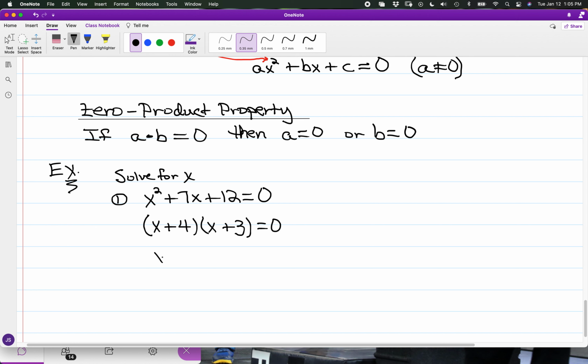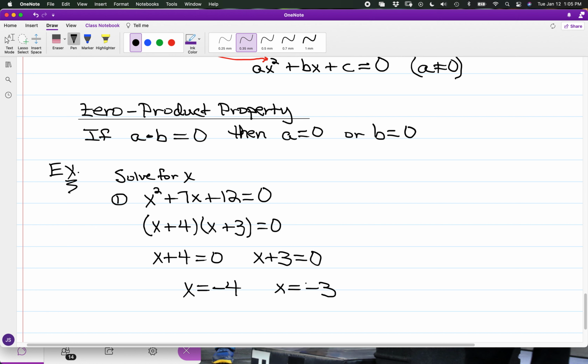So x plus 4 is equal to 0 is one possibility, and the other possibility stems from x plus 3 is equal to 0. If x plus 4 is equal to 0, then x is equal to negative 4. And if x plus 3 is equal to 0, then x is equal to negative 3.